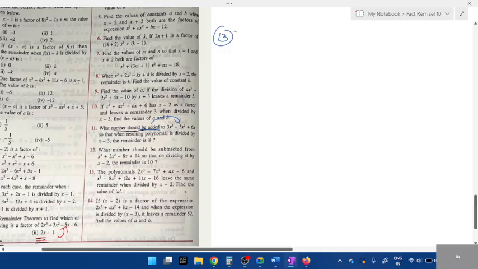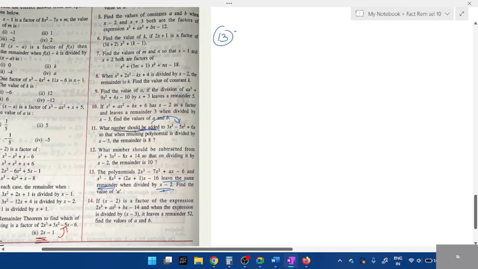This time, how many equations are given? Two. Usually they give one equation and two x values, right? But here they have given two equations and how many x values? Only one. And the main important keyword here is, can you see, leaves the same remainder? What do you mean by that, students?